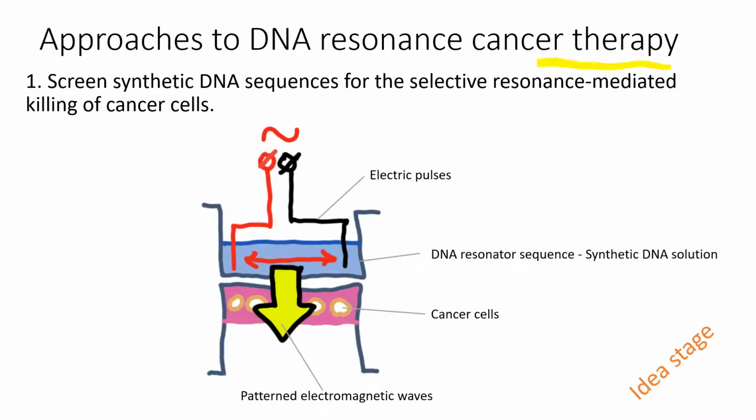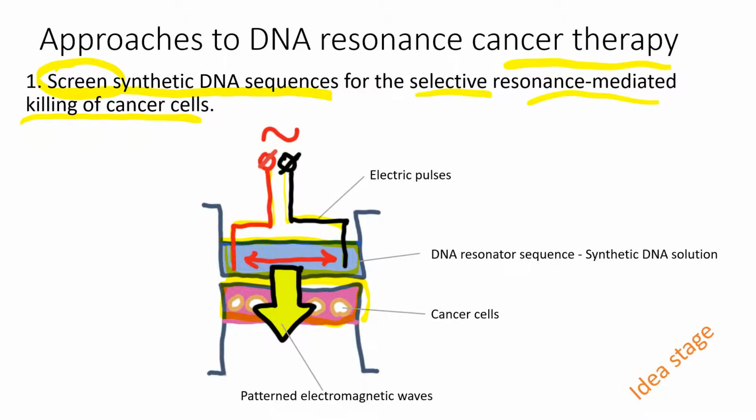For therapy, again, synthetic DNA sequences will be screened for selective resonance-mediated killing of cancer cells. So these are cancer cells in a little cuvette. This is a DNA solution separated by a thin plastic barrier. It is activated by pulses of electric current.